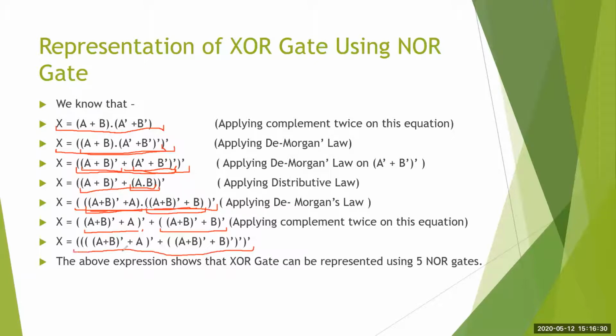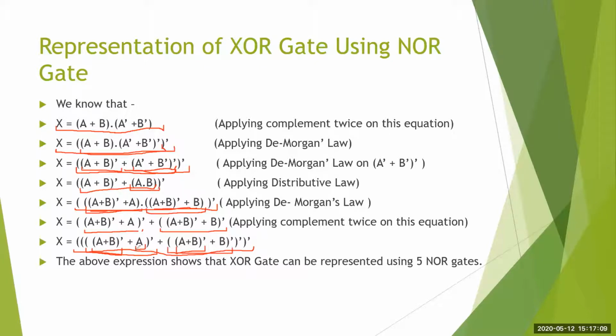We can see that we can use this expression to represent a XOR gate using NOR gates, as (A plus B) complement can be calculated using one NOR gate. We can use the same result here, and then use a second NOR gate and apply A and (A plus B) complement to its input to get this term, and use another NOR gate and apply B and (A plus B) complement as input, and then get this as a result.